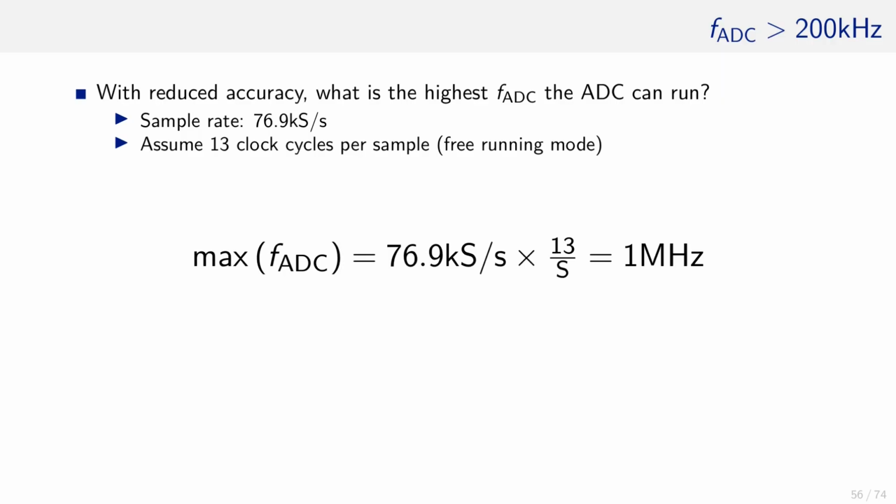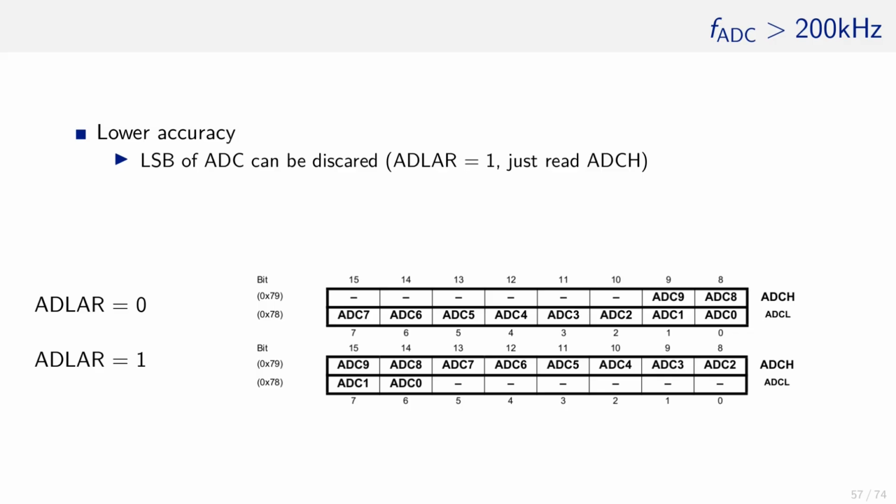Well, it is the sampling rate multiplied by 13 cycles per sample, which results in 1 MHz. So the maximum frequency is 1 MHz. And that brings us back to the ADLAR setting in the ADMUX register.